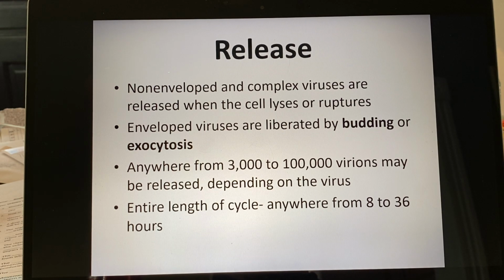Okay, the entire length of this cycle can be anywhere from 8 to 36 hours. Once again, don't memorize those time frames, but this explains how you wake up in the morning with a little tickle in your throat, and by the end of the workday, your throat feels like it's on fire. That's because your cells are lysing, the virus is spreading, and your cells are basically being destroyed.